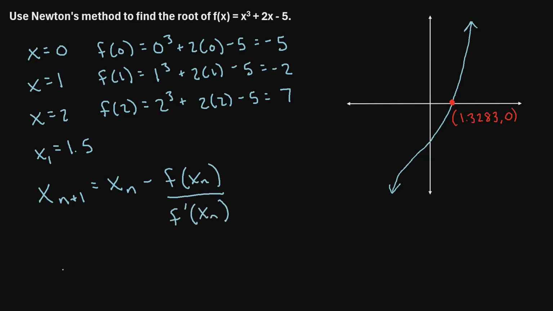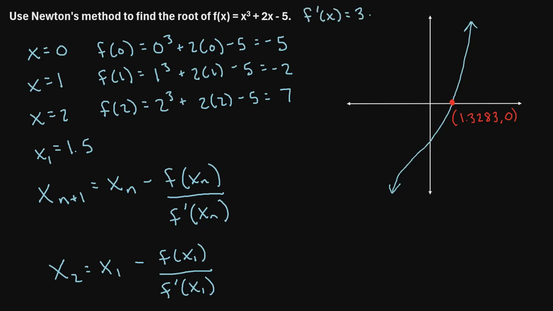So using this formula, x2 will be equal to x1 minus f of x1 divided by f prime of x1. This f prime is the derivative of our original function. So the first derivative, f prime of x, would be equal to 3x squared plus 2. So let's go ahead and start plugging in some values.